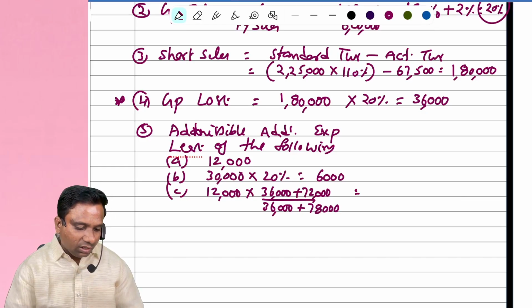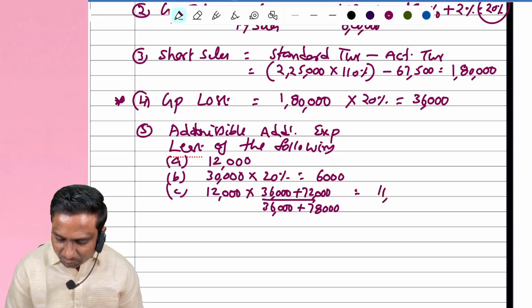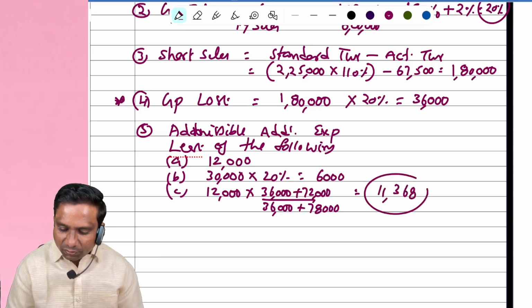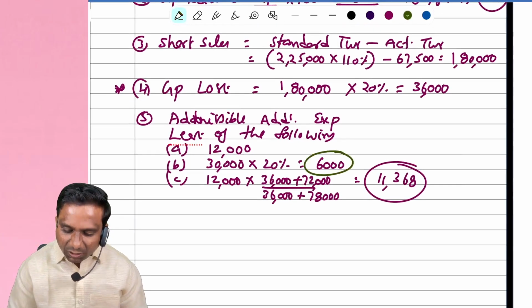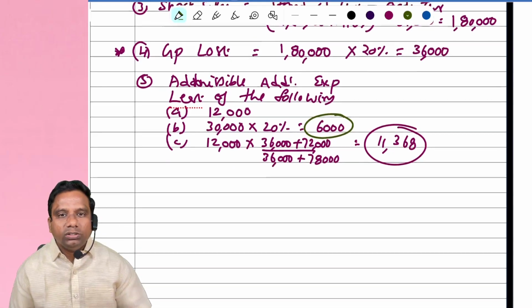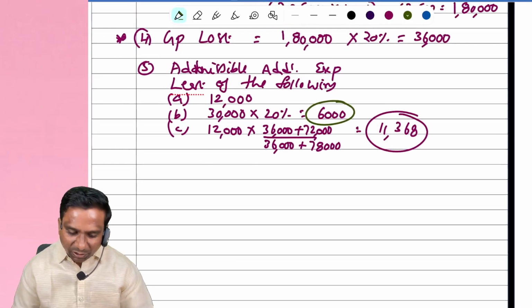Sorry. 1,08,000 divided by 114 into 12,000. 11,368 rupees. Now, can you tell me the least of the following? 6,000. 6,000 is the least of the following. So this is the admissible expenses.